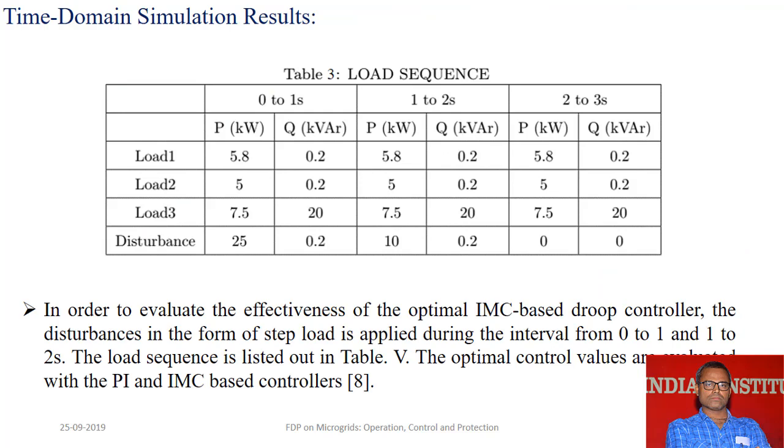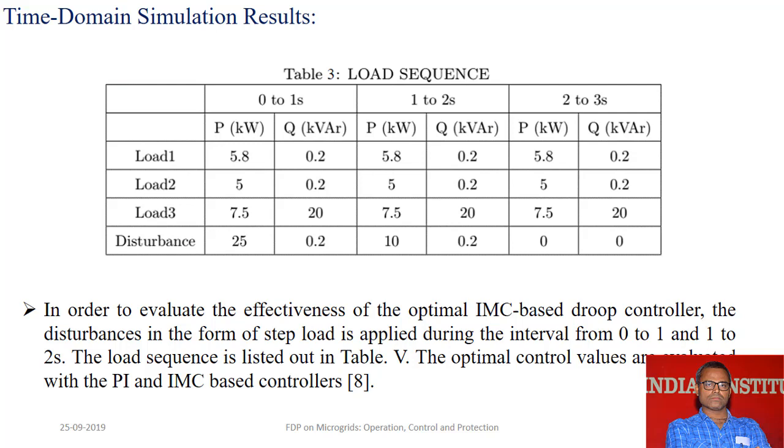This is the disturbance given during simulation. The disturbances are given in steps from 0 to 1 second, then 1 to 2 seconds, 2 to 3 seconds. There is a gradual load change; these are the sequences of how the load change happened in load 1, load 2, load 3, and certain disturbances are also injected, right?